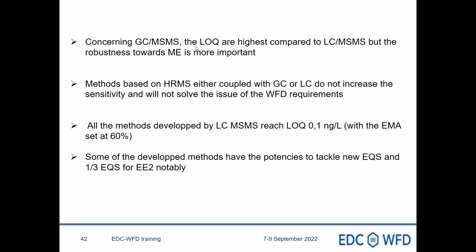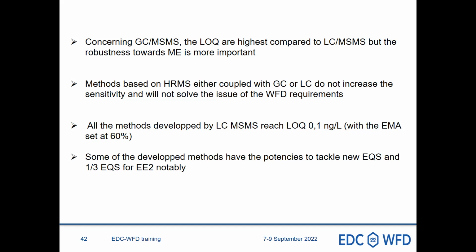Concerning GC-MSMS, the LOQs are higher compared to LC-MSMS, but the robustness towards matrix effect is greater. We also have the feeling that with new-generation GC-MSMS, we can significantly improve the LOQ. So really our message is that GC-MSMS should not be scratched. It is a relevant strategy to make reliable quantification in the environment.